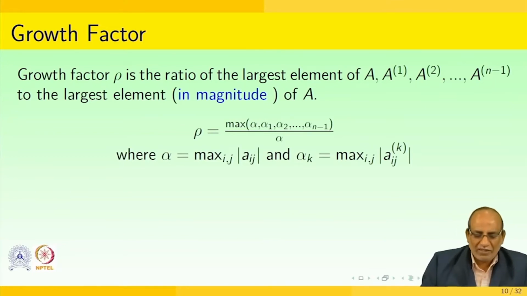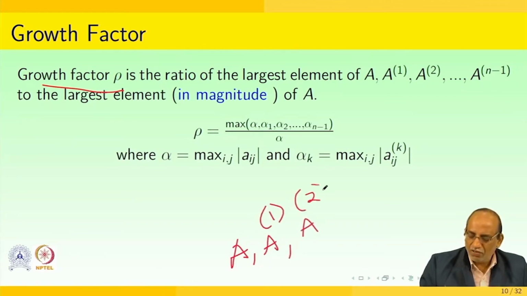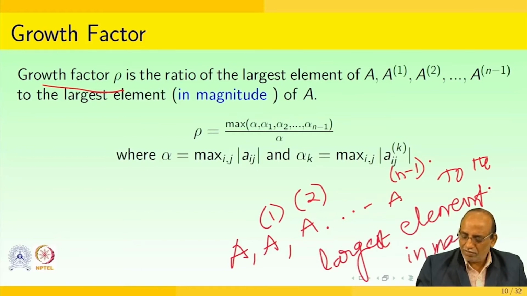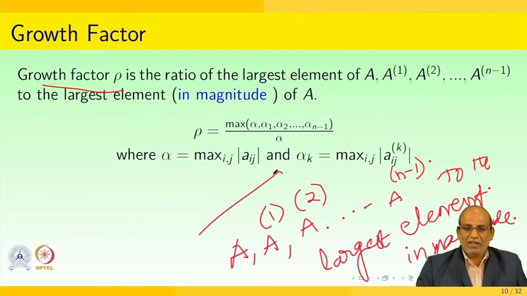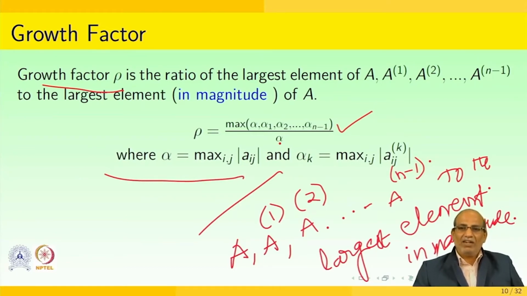Rho is the ratio of the largest element in magnitude of A1, A2, up to A of n minus 1, to the largest element in magnitude of A. So rho is equal to the maximum of alpha 1, alpha 2, alpha 3, up to alpha n minus 1, divided by alpha, where alpha is the maximum of Aij, and alpha k is the maximum of Aij in the kth stage. That's how we compute the growth factor.